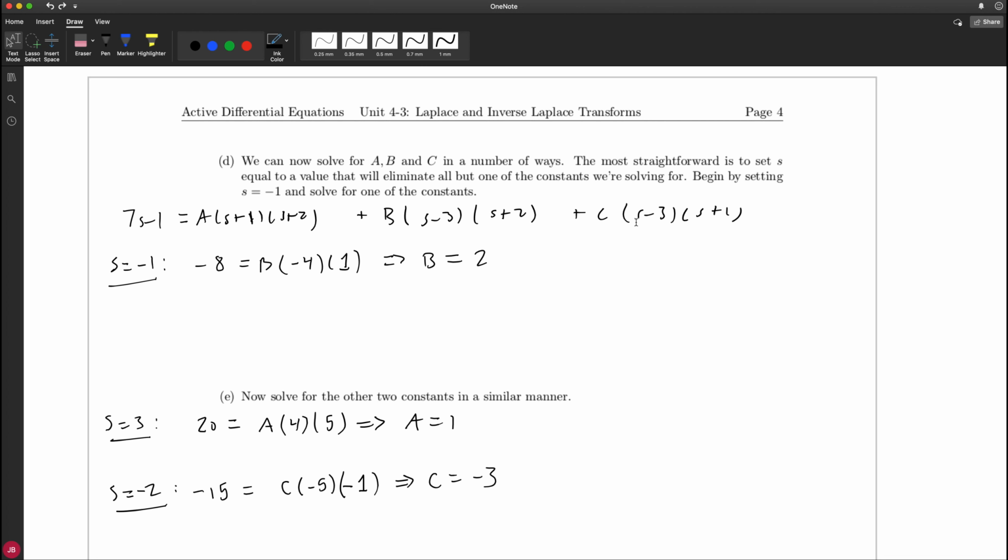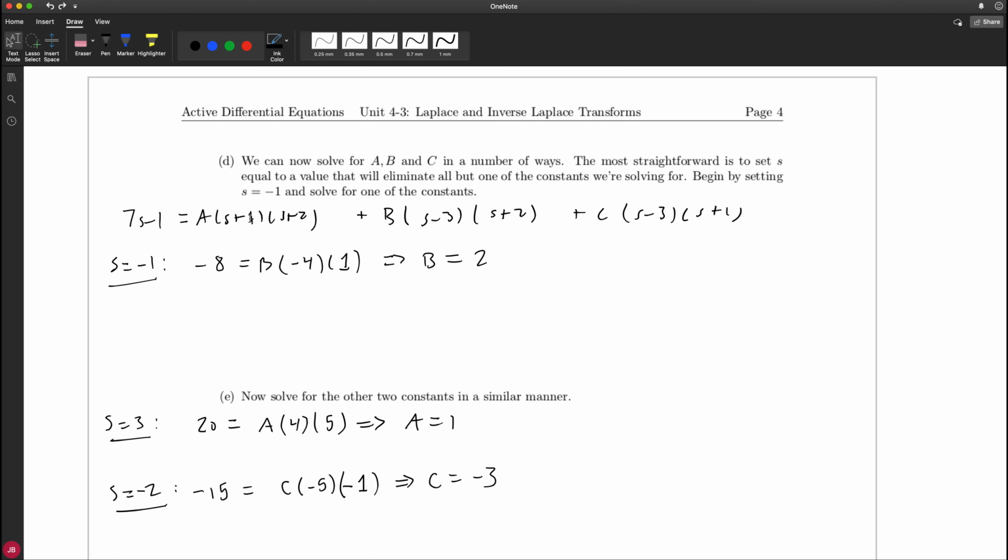Then you would equate those coefficients. Whatever is in front of s squared would have to equal 0 because there is no s squared over here. Whatever is in front of s would have to equal 7. And the constant term left over would have to equal -1.